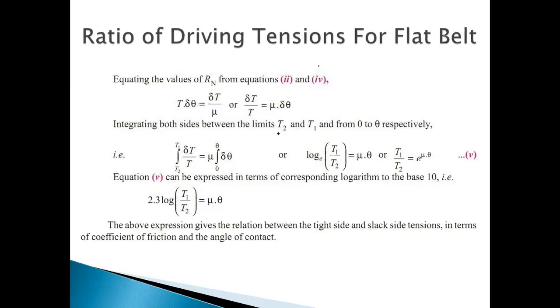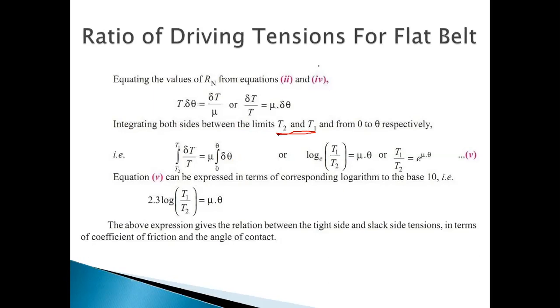Why are we taking the integration from T2 to T1? Because T2 to T1 is the tension from slack side to tight side. T2 is the tension on the slack side and T1 is the tension on the tight side.